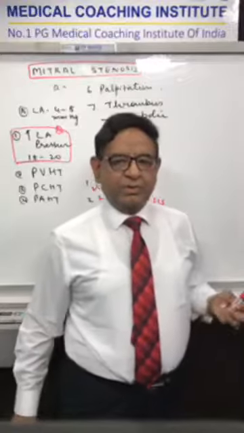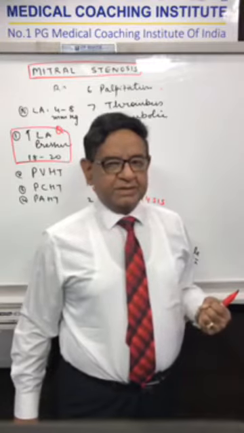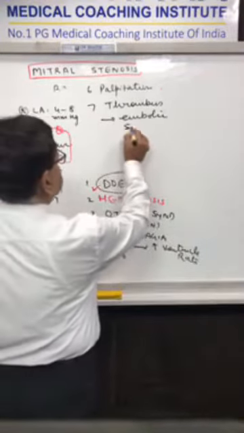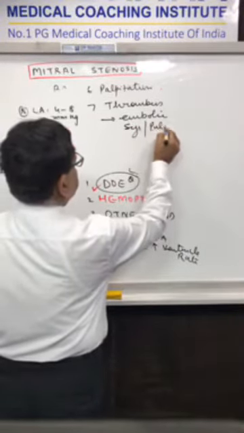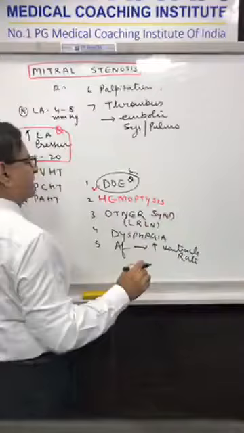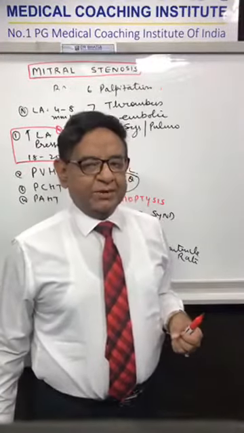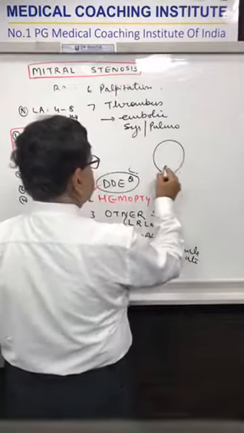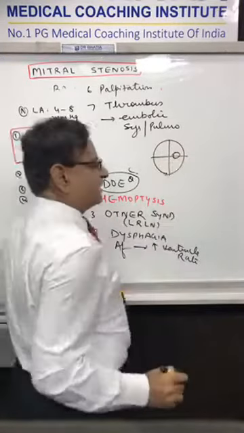Now, one more question. This embolism can occur in both systemic circulation as well as pulmonary circulation. Now you are definitely going to ask me how it can lead to pulmonary embolism. Again, basic concept. This is the atria. Of course, the problem is of mitral stenosis.